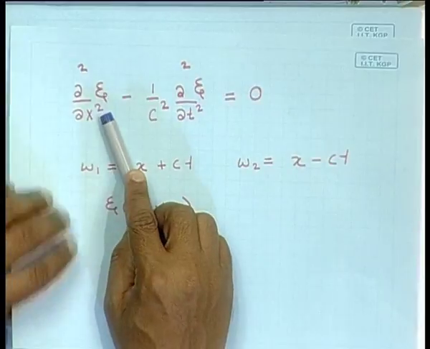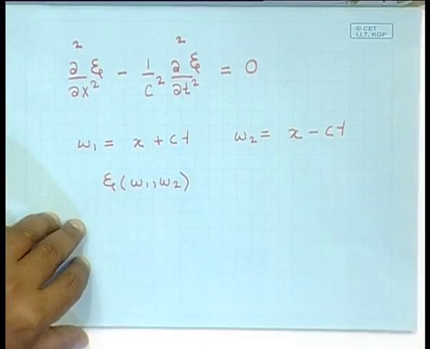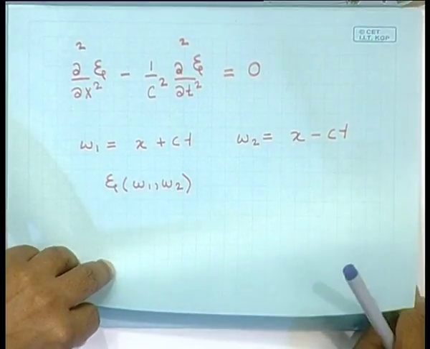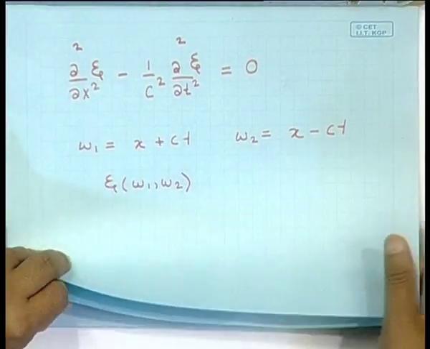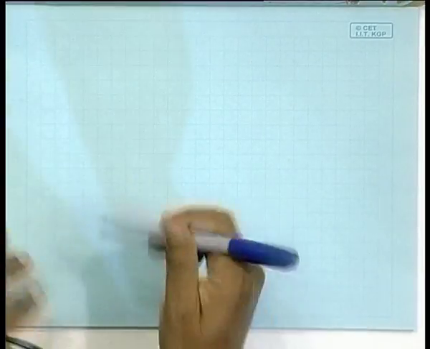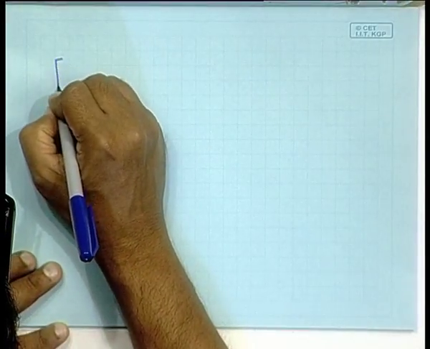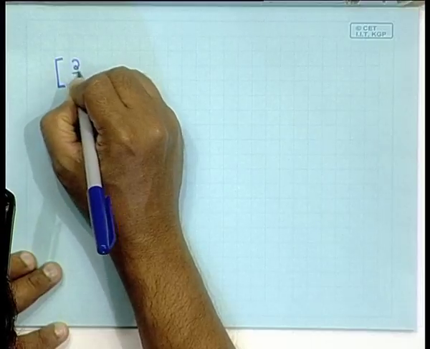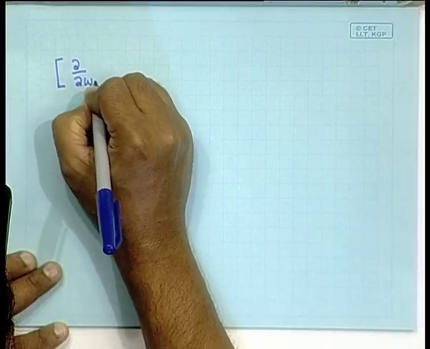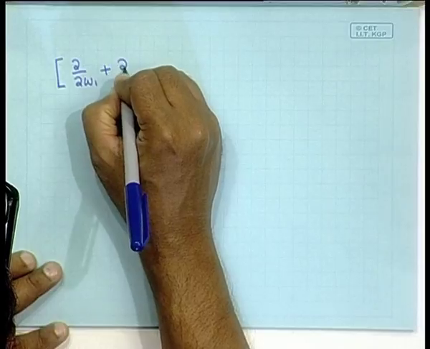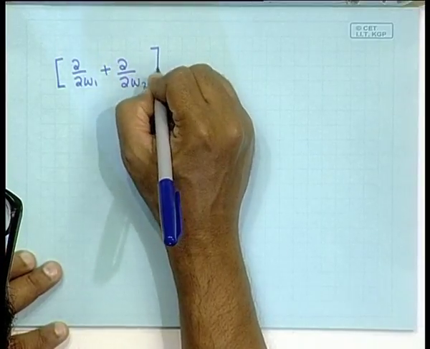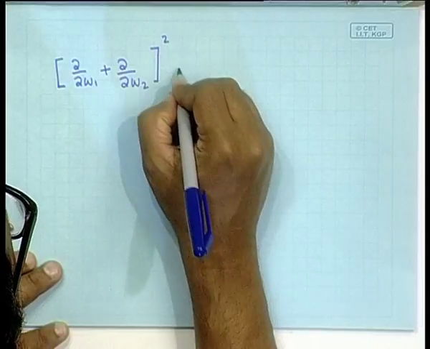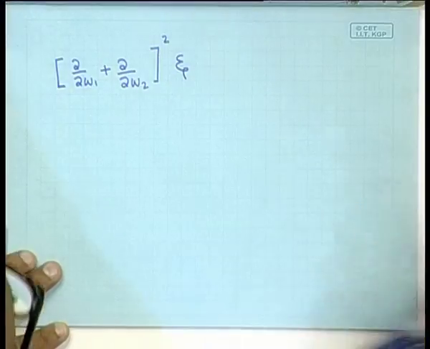When you replace, let me do it for you explicitly, although it is quite straightforward. The equation that we get is the derivative with respect to x squared, so we have the partial derivative with respect to w1 plus the partial derivative with respect to w2, the square of this acting on xi.